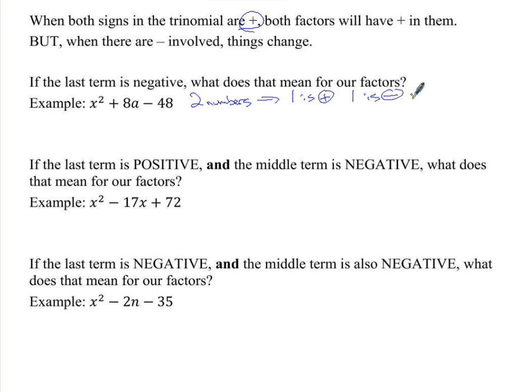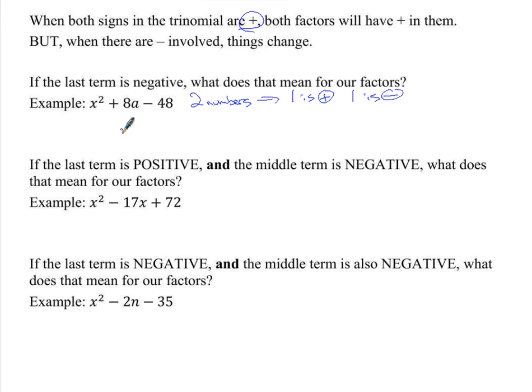Now in addition to that, if I have two numbers that are multiplying to give me this negative right here, they're going to have to add to give me a plus right here. I have to wind up with a positive when I add them. So we can say one more thing about these two numbers. Obviously with one being negative and one positive, one's bigger than the other.